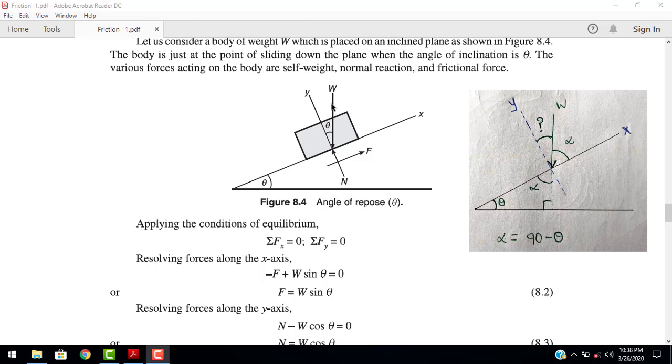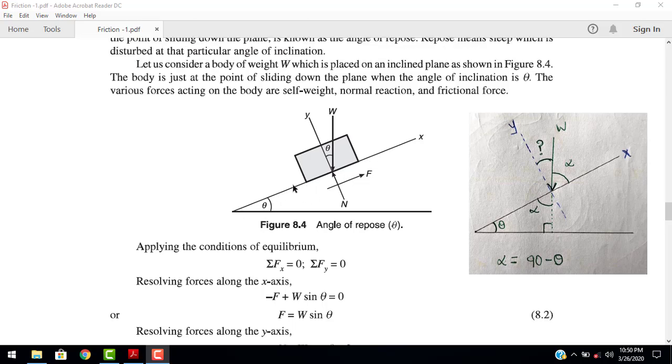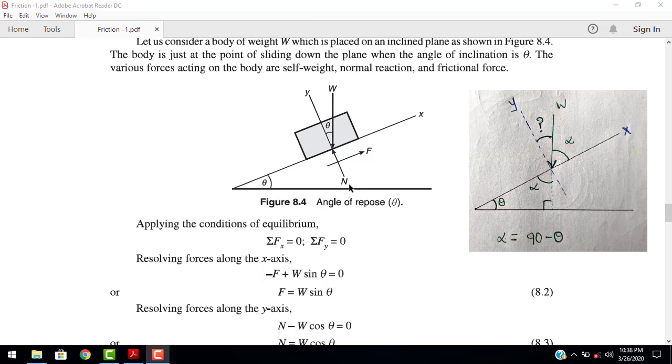That is, this is always a straight line which is perpendicular to this horizontal plane. So now I'll consider this inclined plane as my x-axis and this perpendicular line as my y-axis.